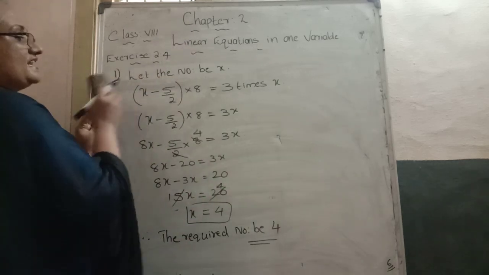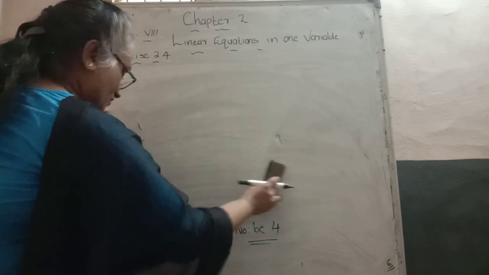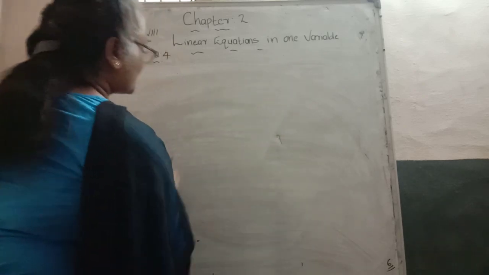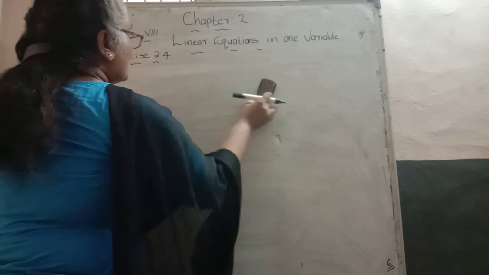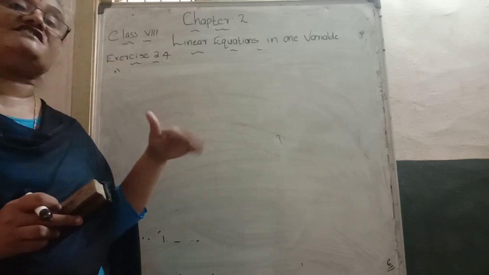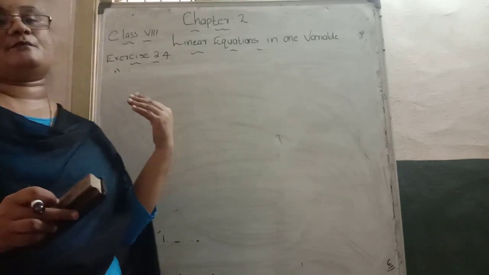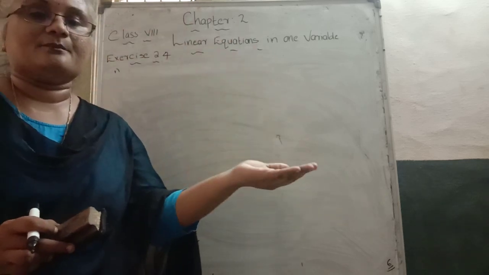I hope you can understand what I say. Now the second question. Here a positive number is 5 times the other number.